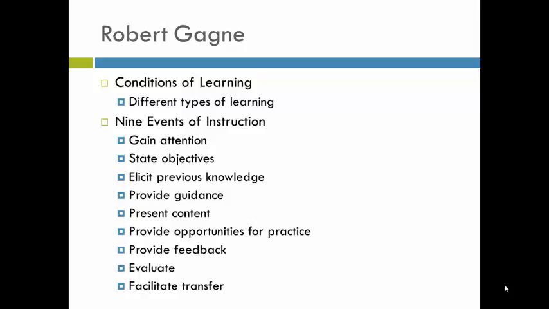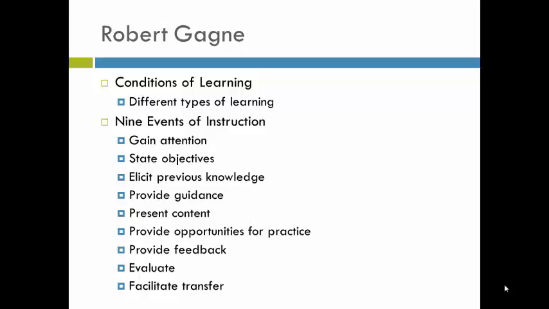Now, according to Gagne's conditions of learning, there are different types of learning. And these different types of learning necessitate different types of instruction. You can consider these types of learning as levels of learning. And they're based on different levels of complexity for the learner, requiring different skills and knowledge and attitudes.